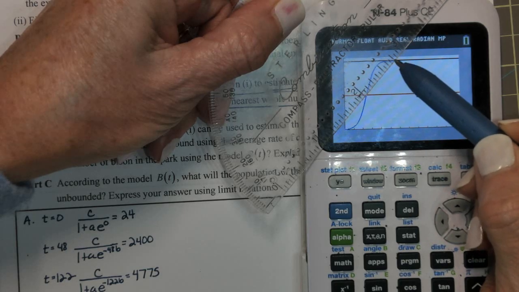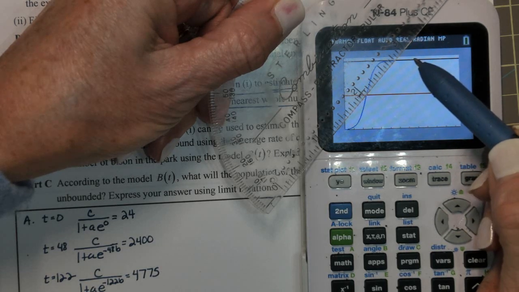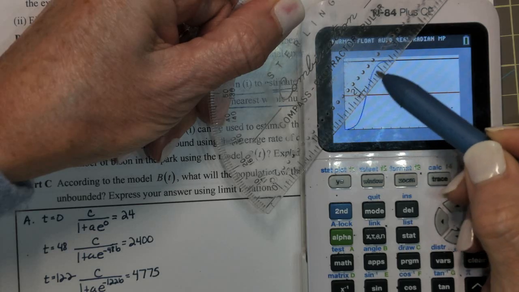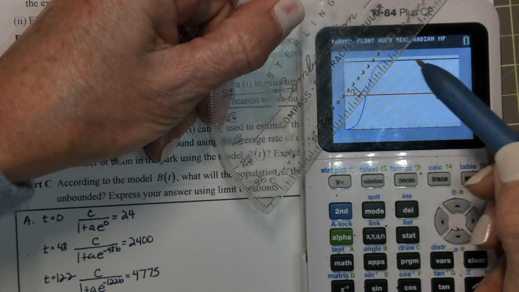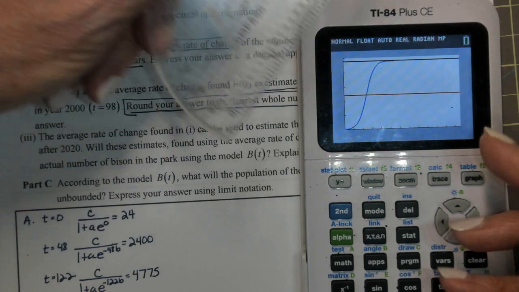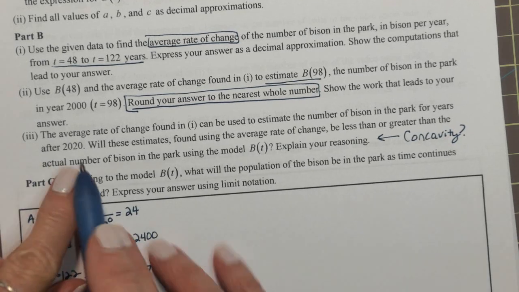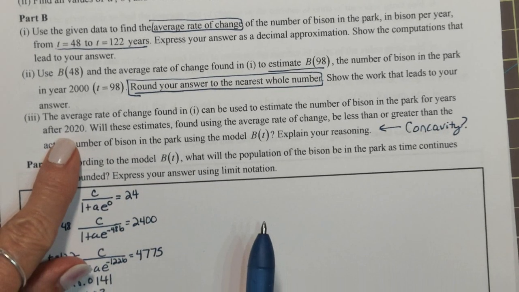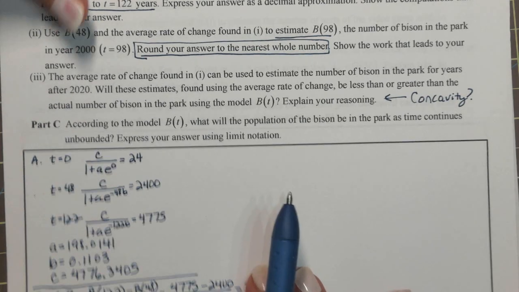But for times after 122, those approximations will be above the curve. And it's because of the concavity of this curve. That curve is concave down for that stretch. So for times after 2020, our approximation will be greater than the curve.